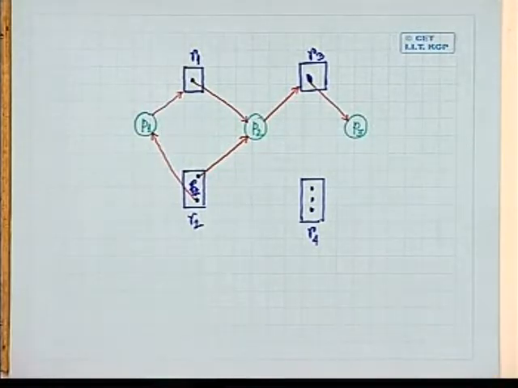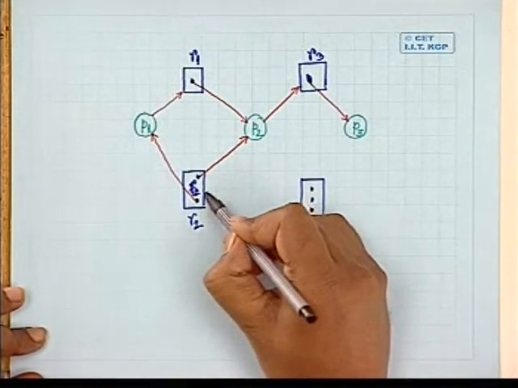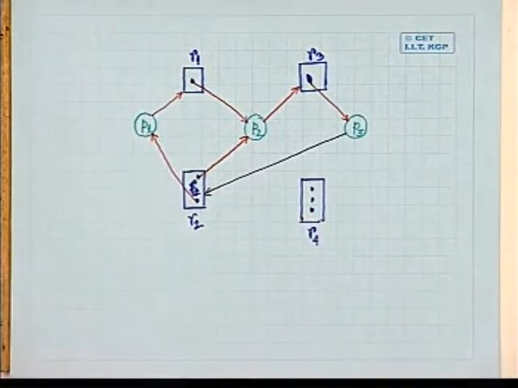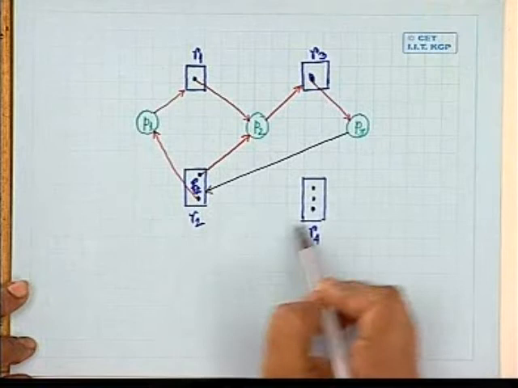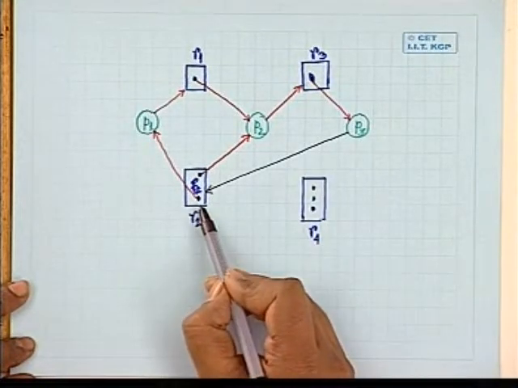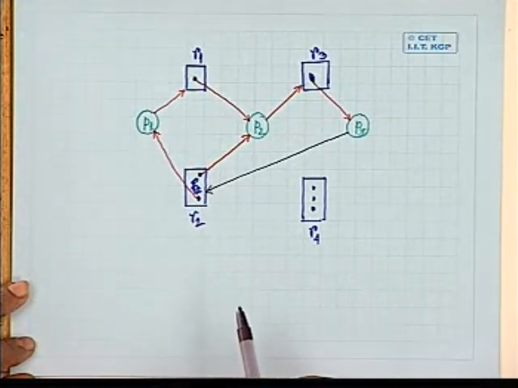But what happens if we have a situation like this? Suppose at the same time, P3 is also waiting for an instance of resource type R2. Okay.